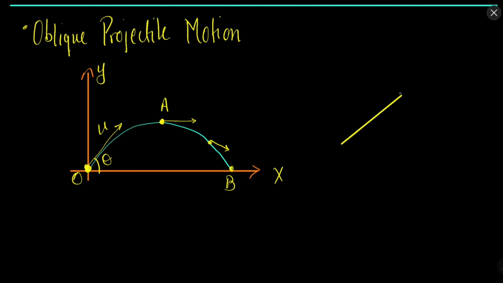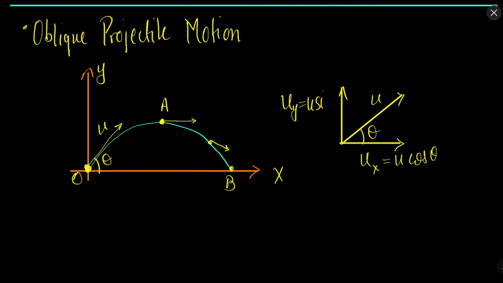So let's first describe velocity. We know that we can have two components of velocity, one the x component, one the y component. The x component will be equal to u cos theta and the y component will be equal to u sin theta. Hopefully you remember this. How? Let's say this is ux and this is uy.